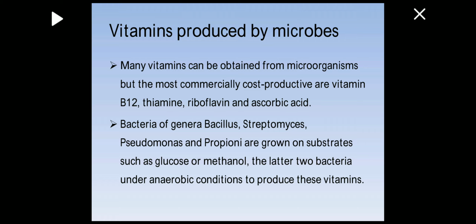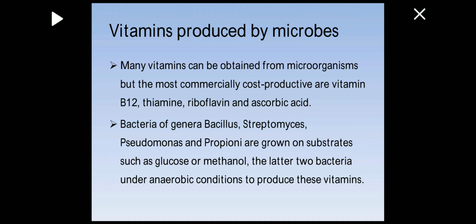So bacteria of genera Bacillus, Streptomyces, Pseudomonas, and Propionibacterium are grown on substrates such as glucose or methanol. The latter two bacteria, which are Pseudomonas and Propionibacterium, are grown under anaerobic conditions to produce these vitamins.